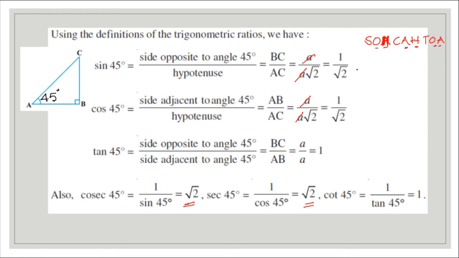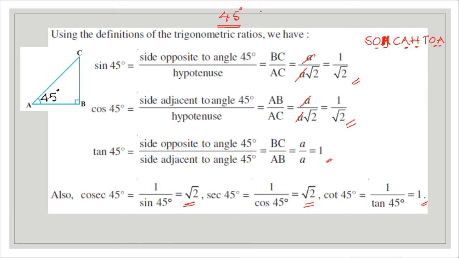Sine 45 is 1 upon root 2. Cos 45 is 1 upon root 2. Tan 45 is 1. Cot 45 is 1. These values are to be remembered. In solving questions, we have to make use of sine 45 degree as 1 by root 2 and so on. This is about 45 degree.